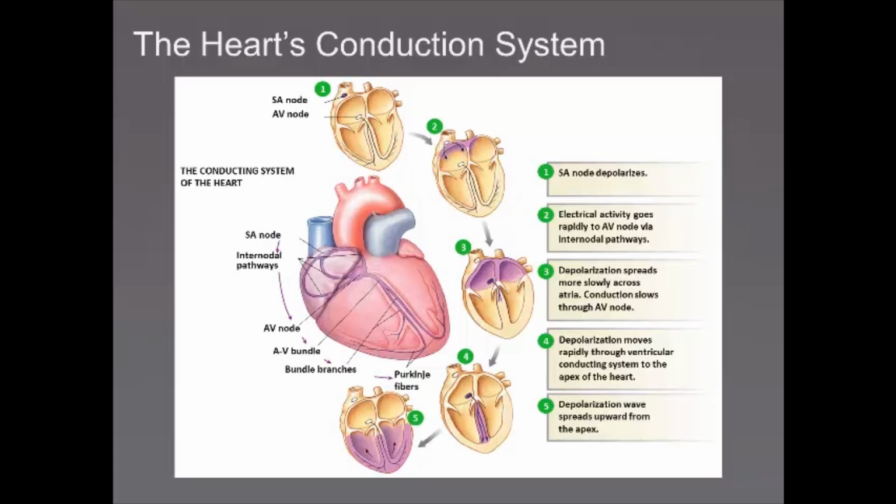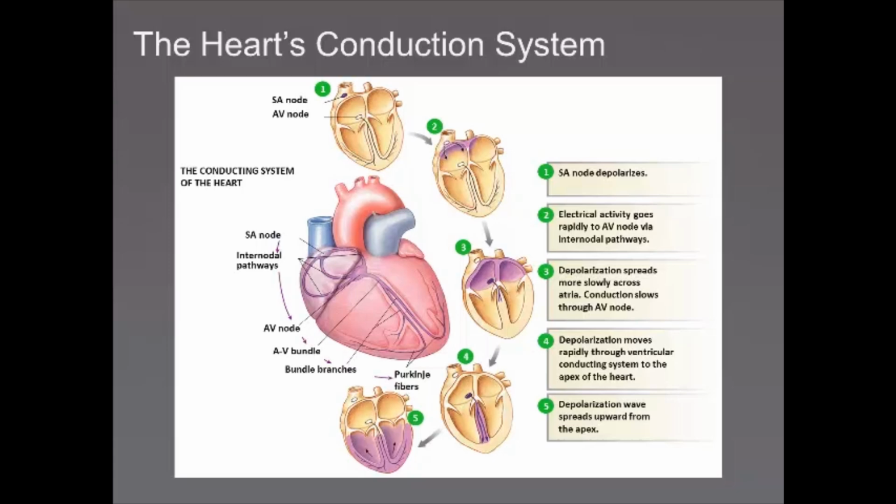This diagram shows how these areas depolarize, and then that depolarization spreads through the chambers of the heart in order to coordinate the heart's contraction to push blood from one region to the next.